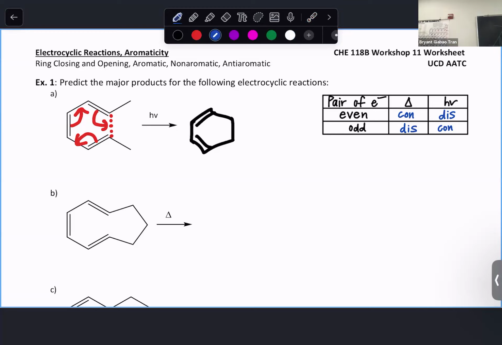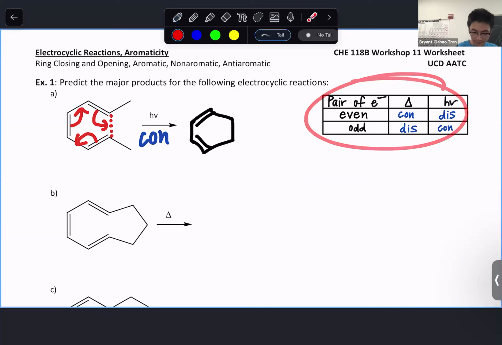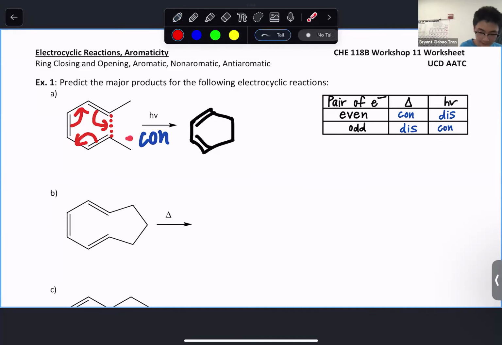Odd pair of electrons, and we are in light photochemical conditions, which shows that we are going to rotate groups conrotatory. So that's the first step. Figure out if you are going to open or close the ring in conrotatory or disrotatory from this table right here. You notice how the two methyl groups are facing away from each other?